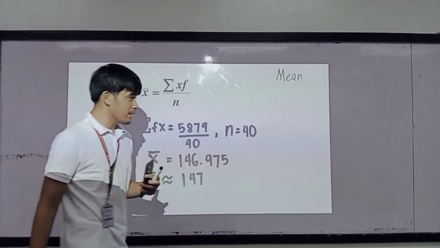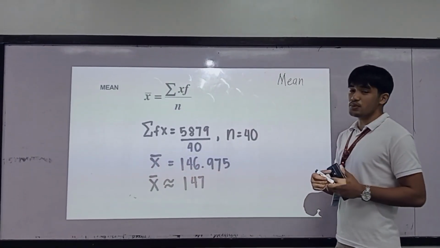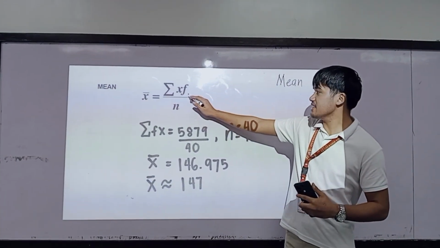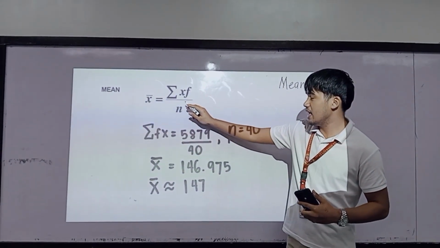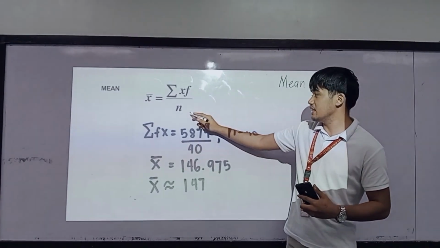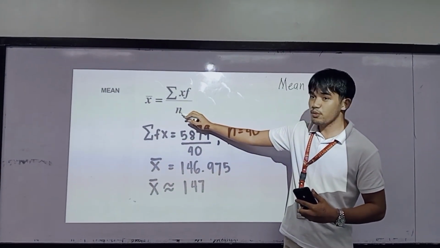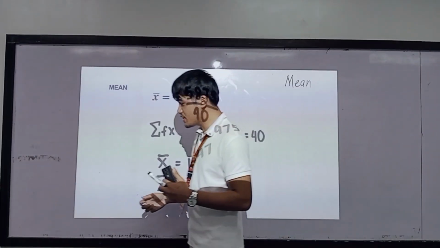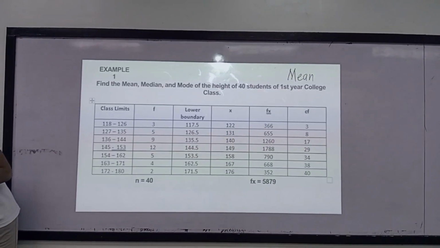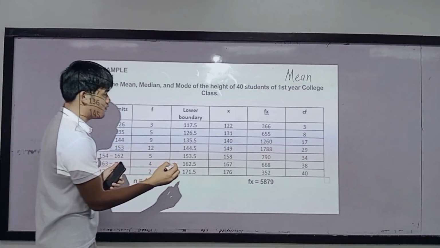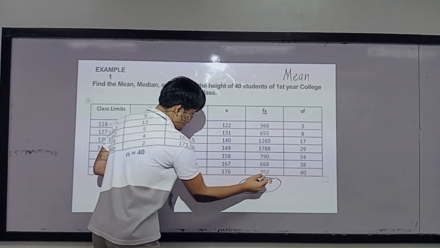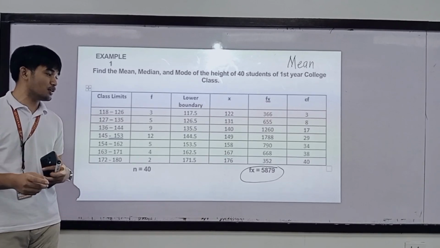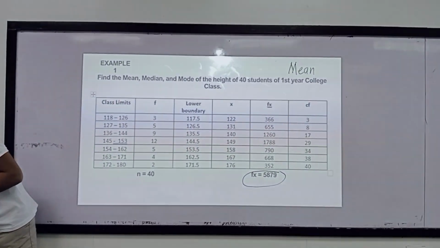So in order to get the mean, we will use the formula that I have discussed earlier, which is the summation of X times F over or divided by the total frequency, which is the N. So, as you have seen in our table in here, the total of our F times X is 5,879. So, we will use that in order to get our mean.